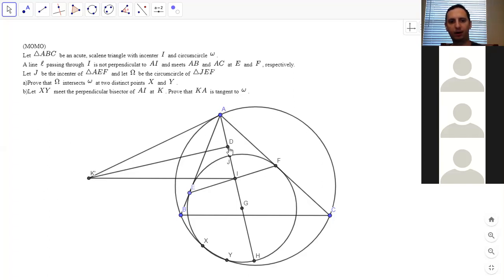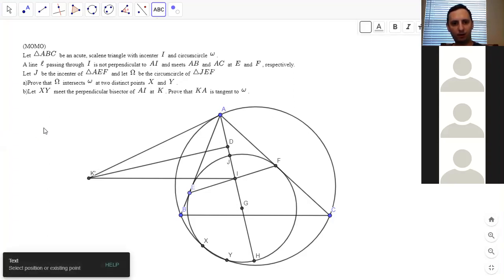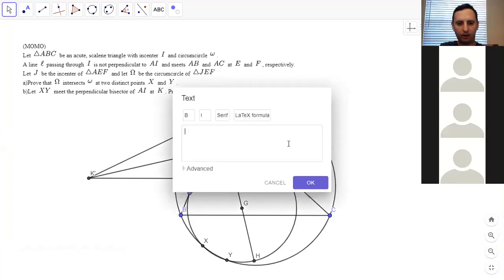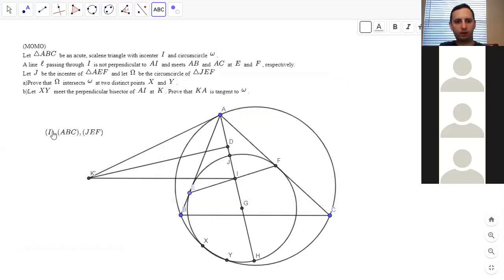Yeah. And K lies on that line. We define K as the point lying on the perpendicular bisector. So we have I, ABC, and JEF. Basically, K prime is the radical center of those three circles, right?